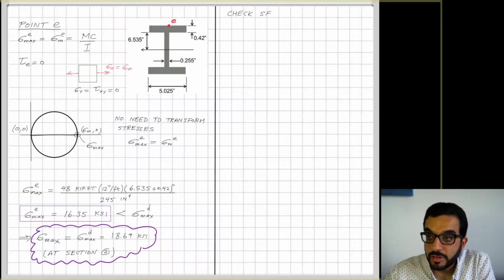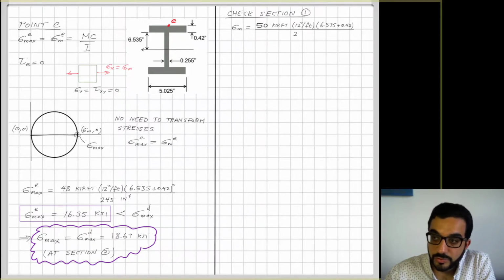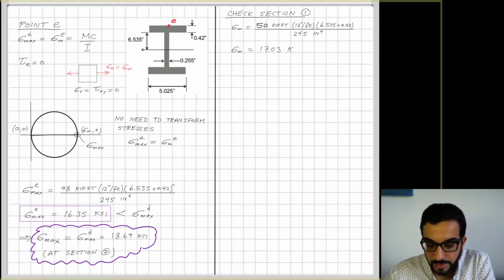So now let's reconsider section 1. I know that there is no tau because V is equal to 0, so sigma M will be the value for sigma maximum principal stress at this section, the top and bottom points of that section. So it will look similar to sigma ME, but I'm just plugging in the other moment value of 50 kip foot, and I will end up here with a value that's bigger than sigma ME.